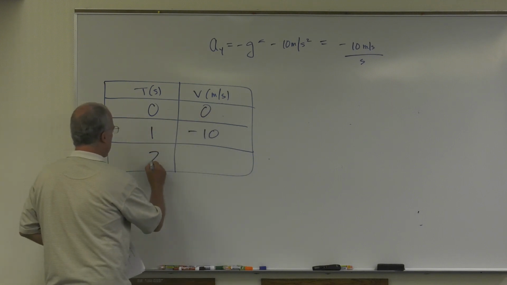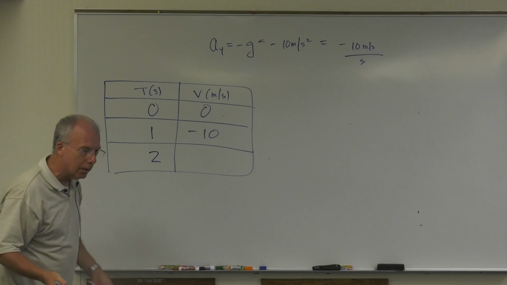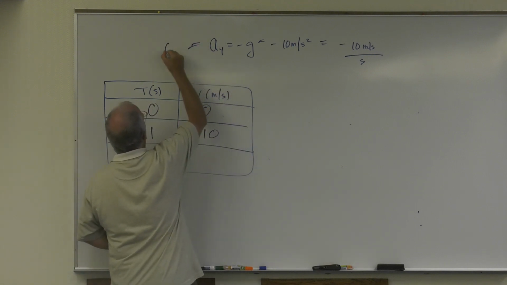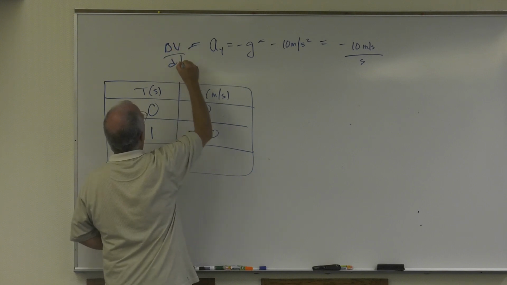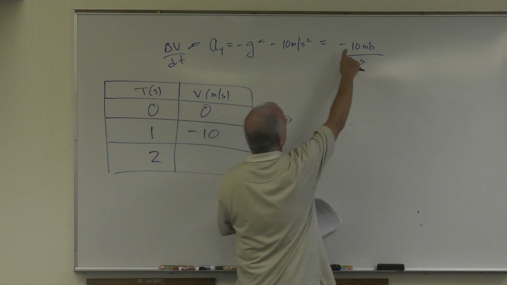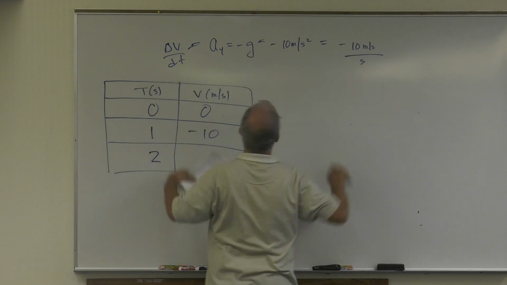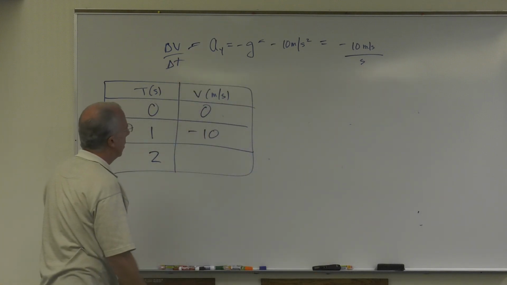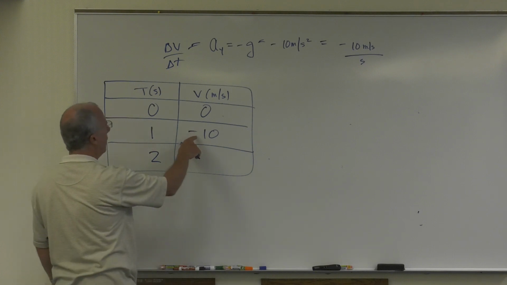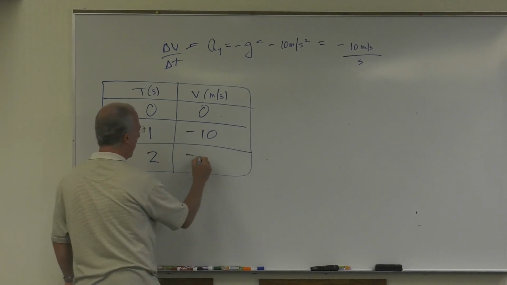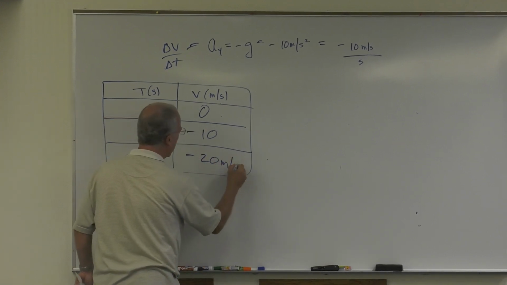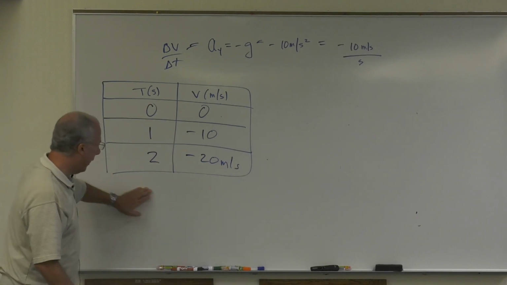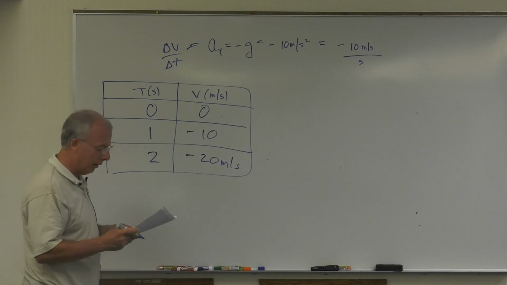What's the speed going to be after 2 seconds? Remember, this is delta V over delta t, so the velocity is changing by minus 10 meters per second every second. After another second, it changes by another minus 10, minus 20 meters per second. And so forth, 3 seconds, minus 30, and so on.